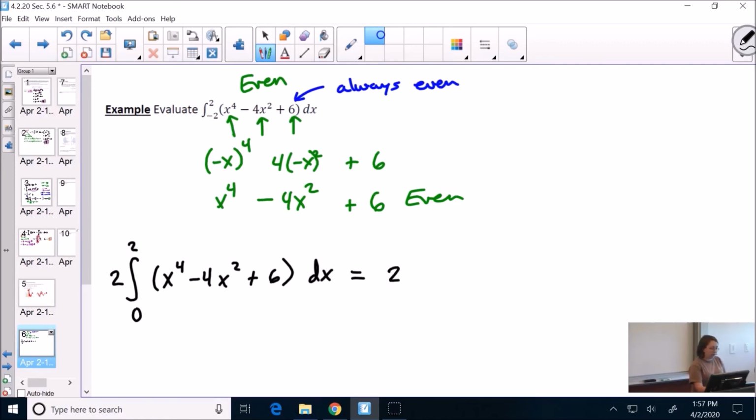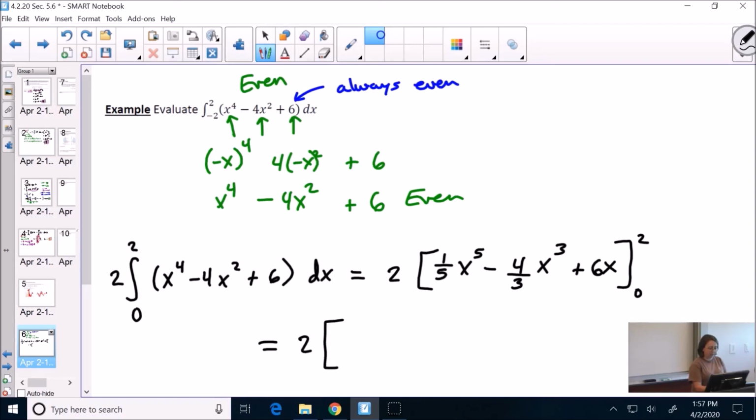Alright, so 2 times, what is the antiderivative here? So x to the 5th times 1 over 5, minus 4x to the add 1, so 3, divided by the 3, plus 6x. We're evaluating from 0 to 2. Plug in the 2 first. So 2 times, plug in 2. 2 to the 5th, 32 over 5.